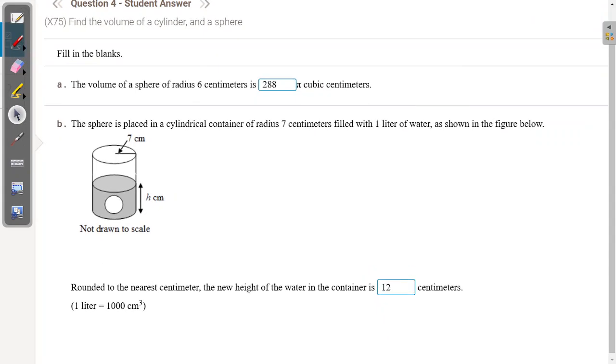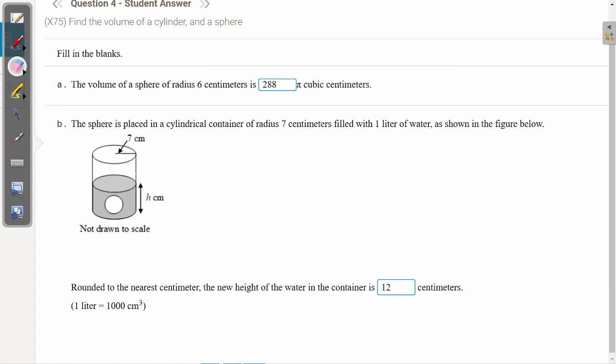The sphere is placed in a cylindrical container of radius 7 centimeters filled with 1 liter of water as shown in the figure below. The new height of the water in the container is what? They said the same sphere is placed in a cylindrical container.